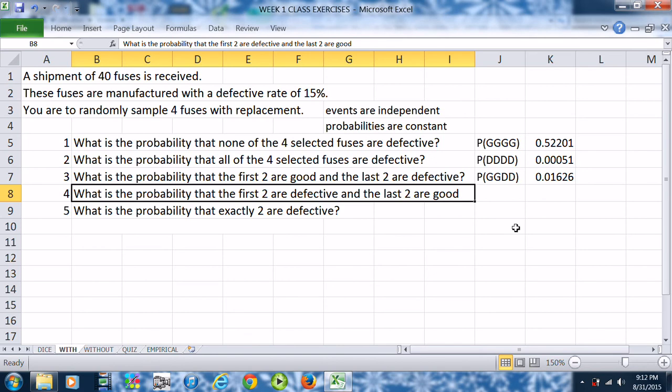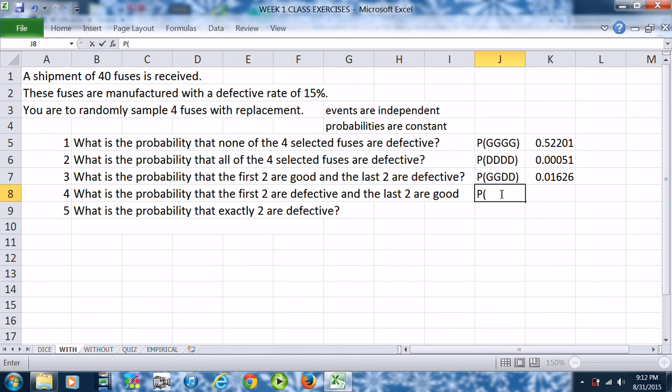Now what about the probability the first 2 are defective and the last 2 are good? So the probability of defective, defective, good, good. Will this be any different? And you'll probably realize the answer is no, because we will be multiplying the same numbers together, only in a different order.